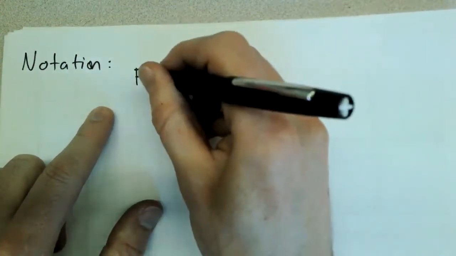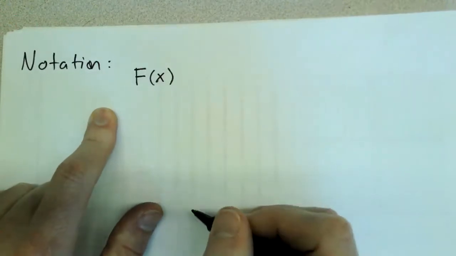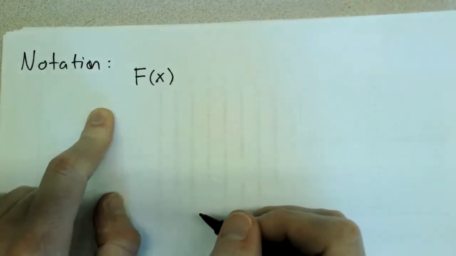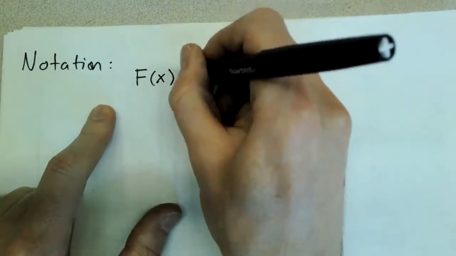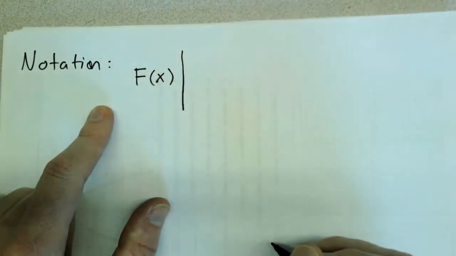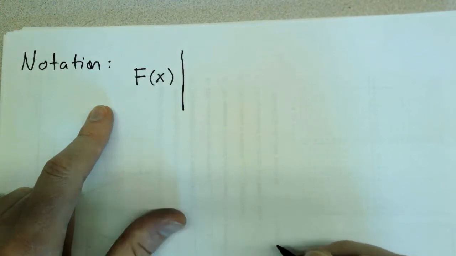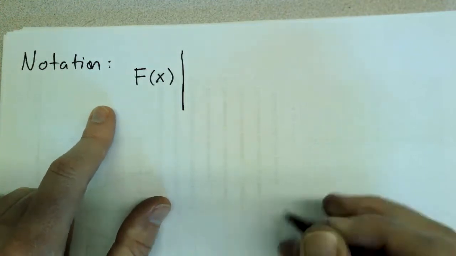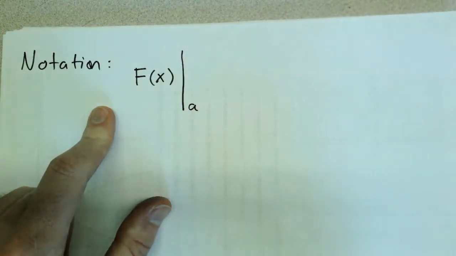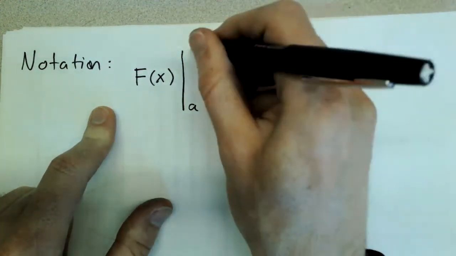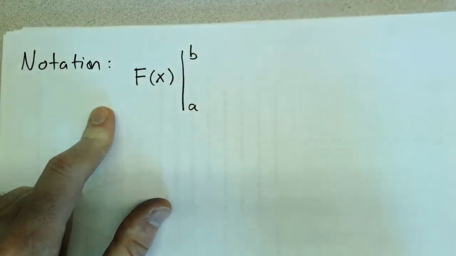Let's say you have something like capital F of X. And then you put a big vertical bar like this. And then you put an A down here at the bottom of the bar and a B up here at the top of the bar.